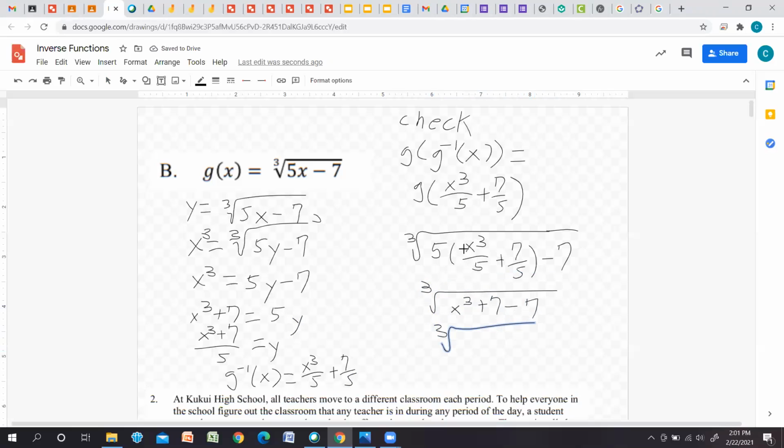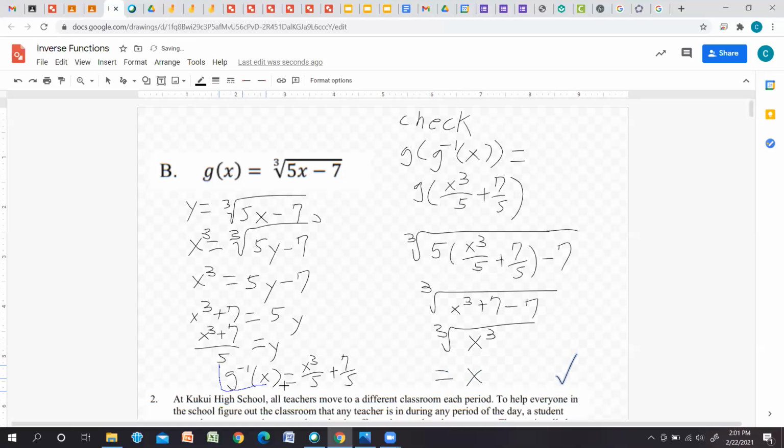Notice whenever we do anything, it will be an inverse operation. For example, 5 times x cubed divided by 5 plus 7 minus 7. And then we have cube root and cube. Those are also inverse operations. So we get x, and this is the inverse function because it checks out.